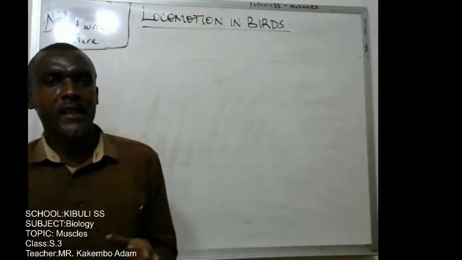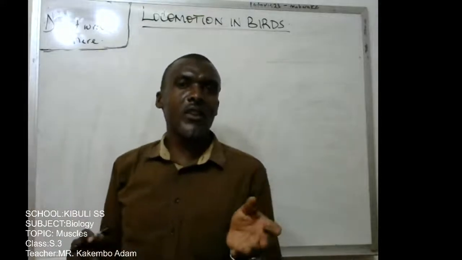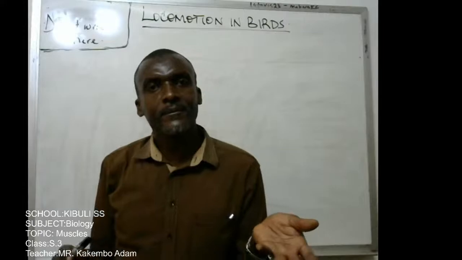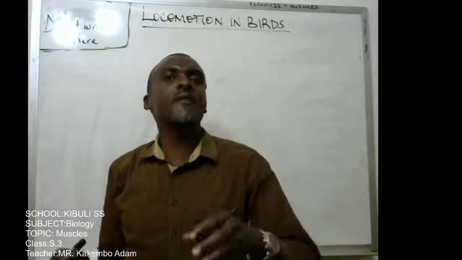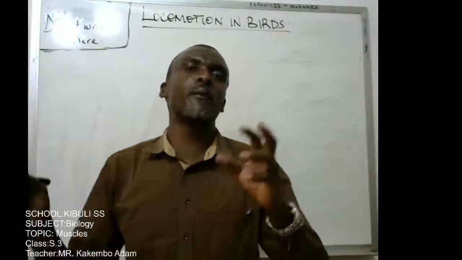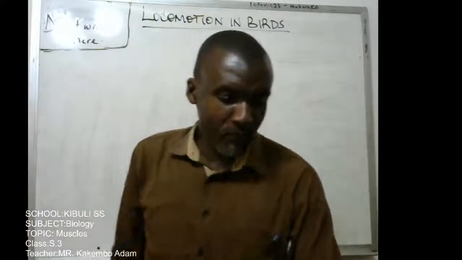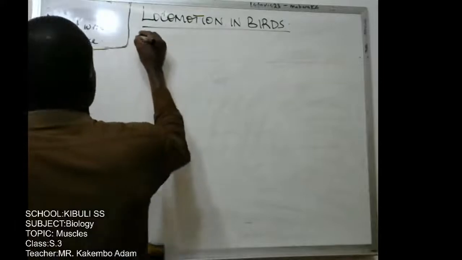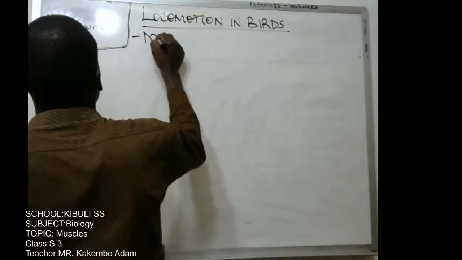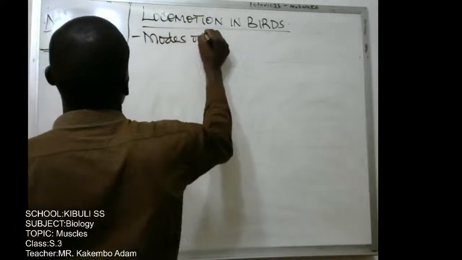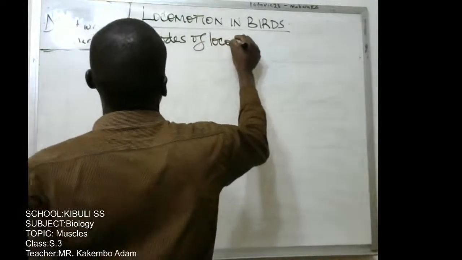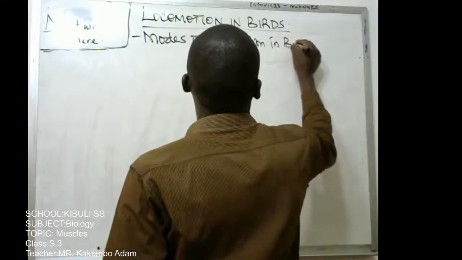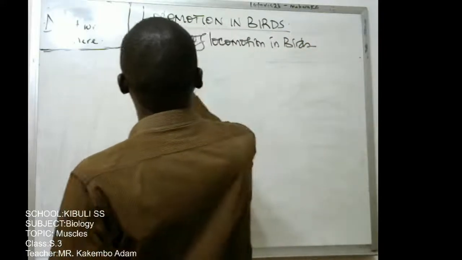Like we saw for the insects, there are those birds which can walk, those which can fly, and those that are unable even to lift their bodies off the ground completely. So birds can run, swim, and fly. These are the modes of locomotion in birds.